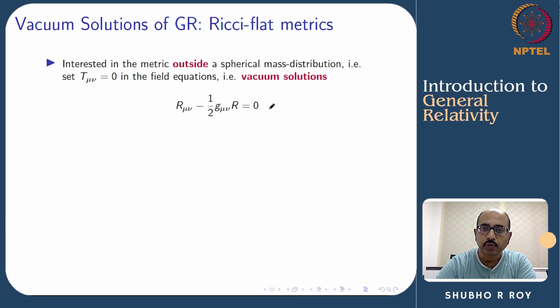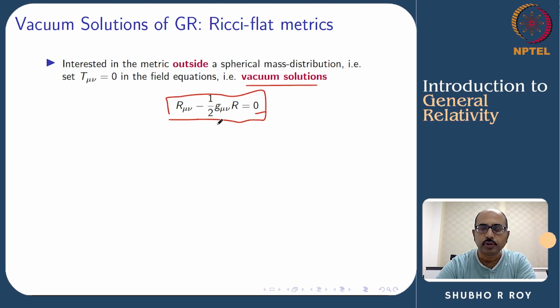So in the field equation, whenever we set T mu nu equal to 0, we call that solution a vacuum solution. Okay, solutions for which T mu nu is 0, but there is no source. Actually, it is incorrect to say there is no source. We just mean outside the source. Of course, there must be a source to produce a non-trivial gravitational field, but this equation holds whenever we are outside the source.